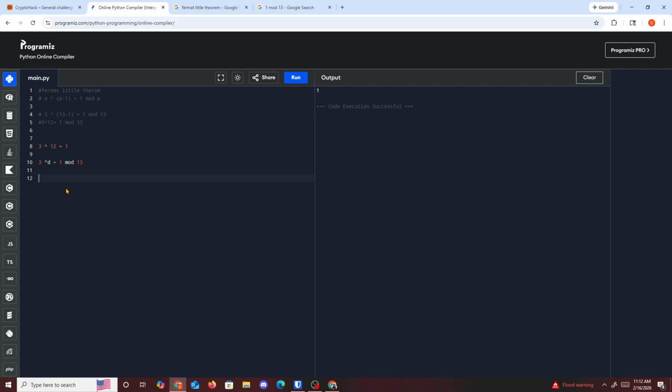Oh, yeah, that's correct. Now we divide both sides by 3, so which is going to be 3 to the power of 11 is equal to 3 to the power of negative 1 mod 13.